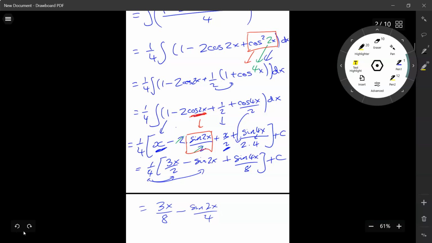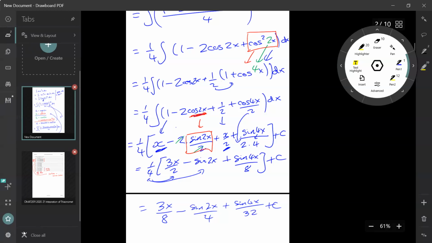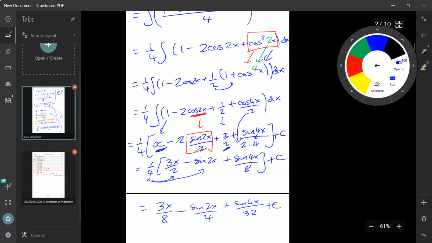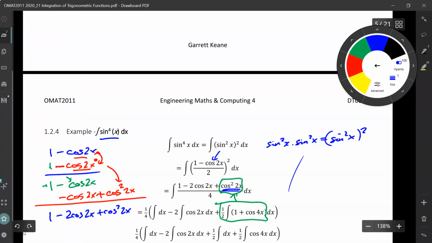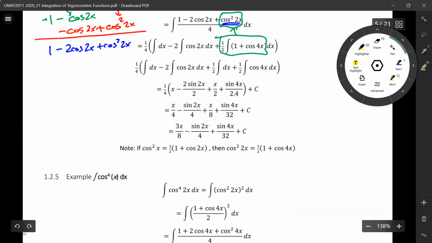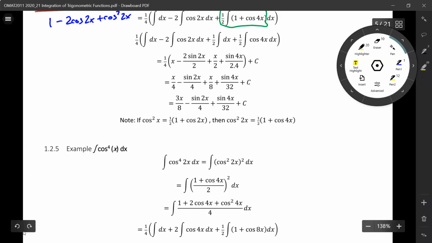So I'm just dividing in by the 4, plus sine 4x over 32, plus the constant of integration. I think that's the same answer we got there, wasn't it? Let me just check. Yeah, I think that's the same answer we got here.